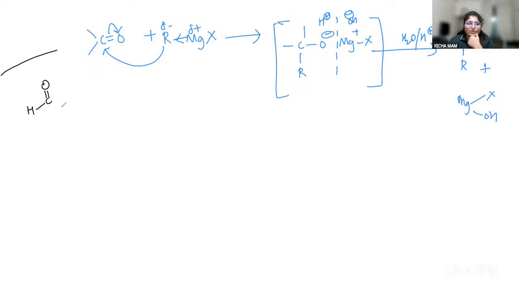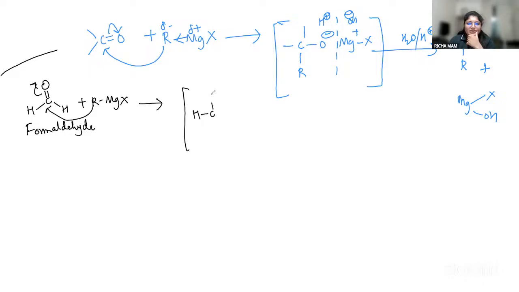When both are hydrogen, we call it formaldehyde. When formaldehyde reacts with RMgX, I am going to get H, H, R, and O minus Mg plus and X.